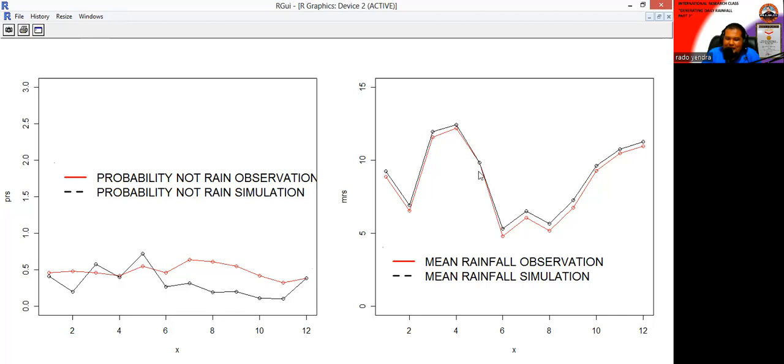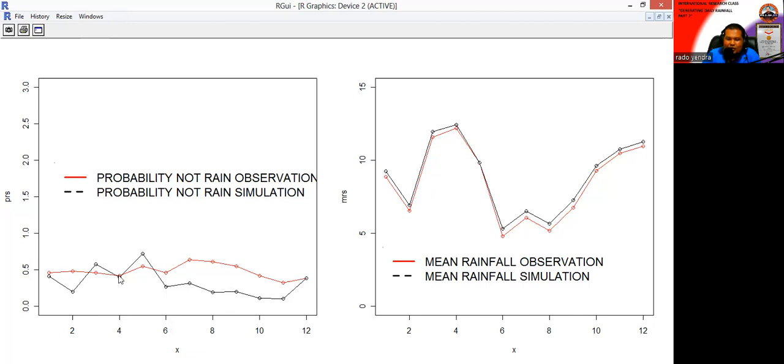In the April data, we are very successful in producing the rainfall. We are successful in generating daily rainfall for April because our mean rainfall from the synthetics data is very, very close to the mean rainfall from the real data.